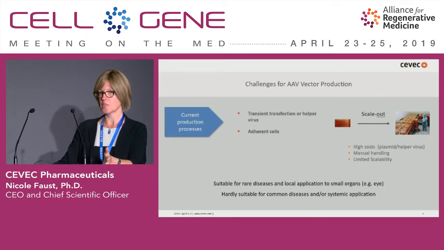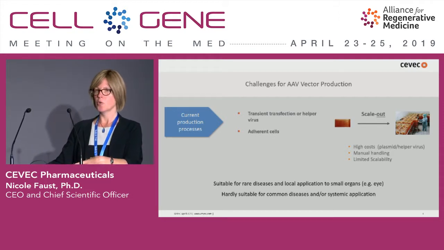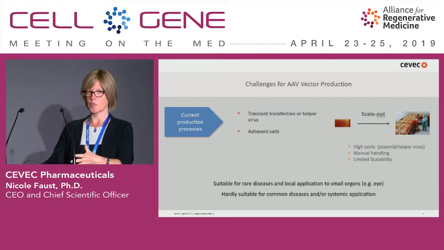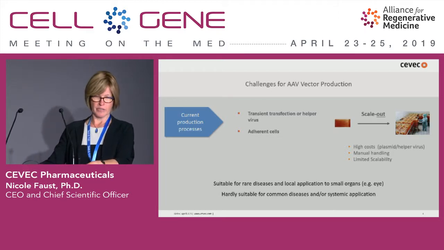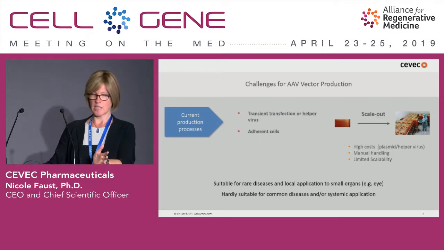This then in turn is associated with high costs, either for the plasmids in GMP quality or for the helper virus, and in particular there for the analytics and proving the complete removal of the helper viruses. Also, very often the processes are associated with manual handling and thus limited scalability.